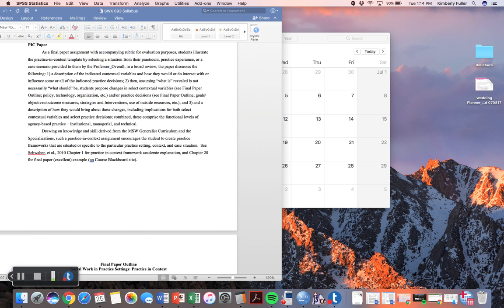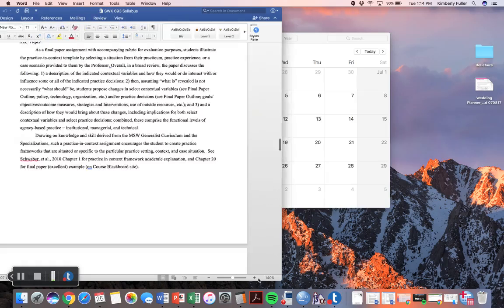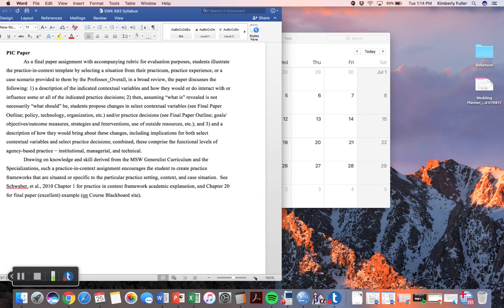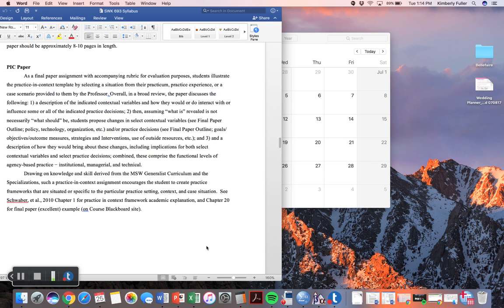So when we're looking at your PIC paper, there is a rubric at the bottom of the syllabus that will tell you a little bit about the expectations, and I'll be using that rubric exclusively to grade the paper. If you want to see it also, it's available on TaskStream. You can click on the TaskStream link on the Blackboard, and you should be able to pull up the rubric for the assignment.